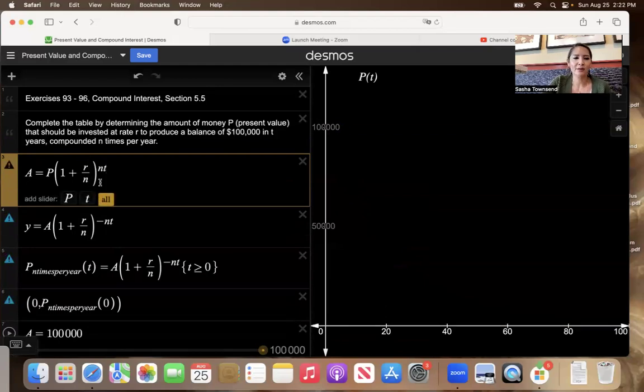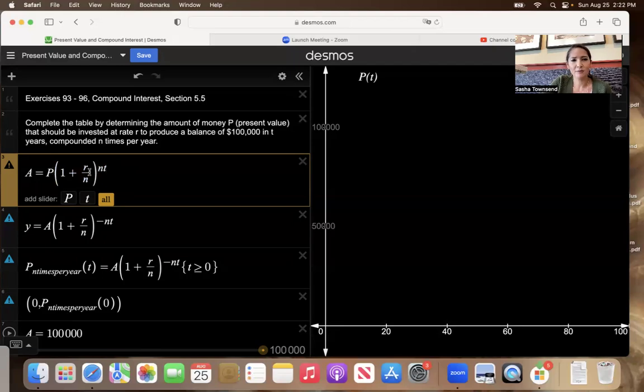If I take this equation and solve for P, I can do that by taking both sides of the equation and dividing by this 1 plus R over N raised to the NT. But dividing by an exponential is the same as multiplying by the same exponential with the opposite exponent.